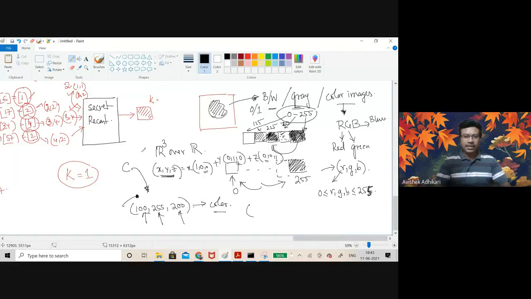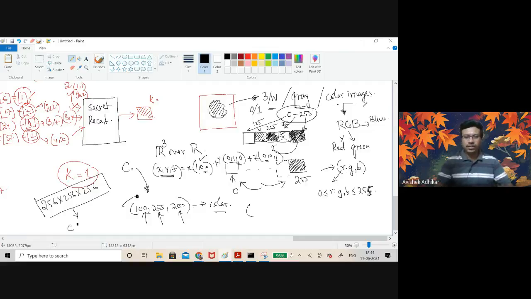As any point within R3 can be represented by these three bases, here also any color can, of course it's finite, so it's basically 256 cross 256 cross 256. So at most this many colors can be represented. Any color from this range can be represented uniquely by this combination of these three bases. Okay, so that's the basic idea of this concept of RGB channels. There is another model, CMY.